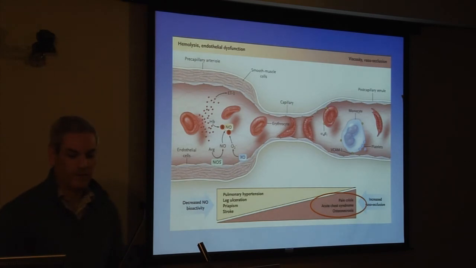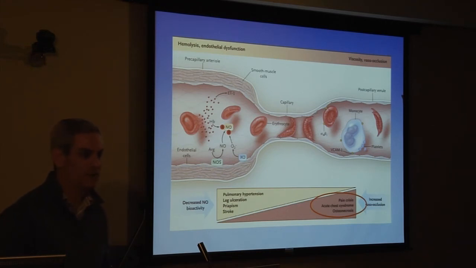So there's been a lot of interest recently in trying to tease out which patients have more of the breakdown of the blood cells and which patients have more of the vaso-occlusion of the red cells causing their disease. And the vast majority of patients are in the middle here. They have some aspects of their sickle cell that's due to hemolysis and anemia, and they have some aspects which is due to the vaso-occlusion, the blockage.